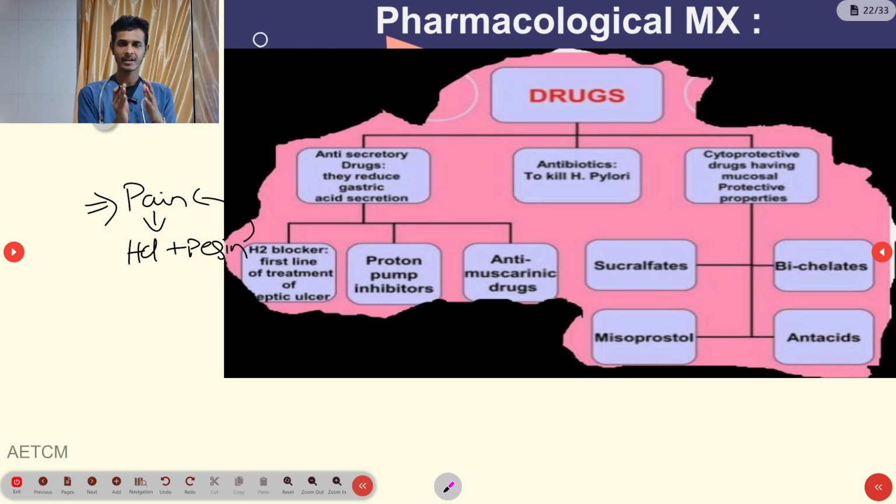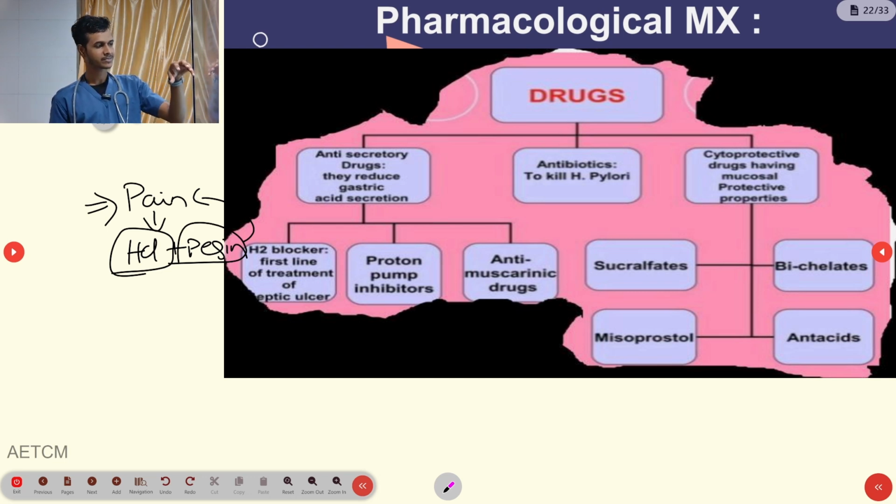So, what should our action be? We have to manage the HCl and pepsin. If you want to manage pepsin, you have to think about HCl alone, because HCl is the factor converting pepsinogen to pepsin. If you control the HCl, we can reduce the activity of pepsin.